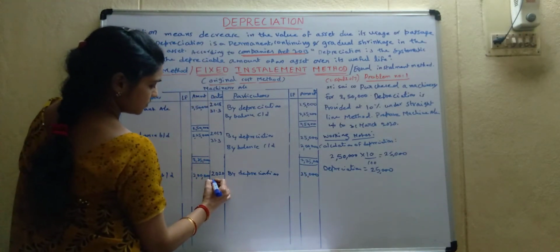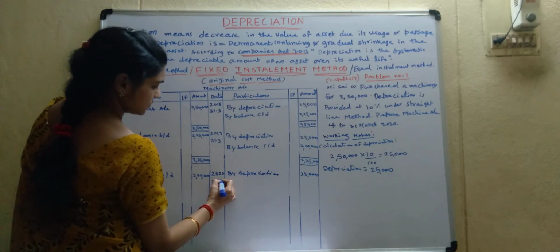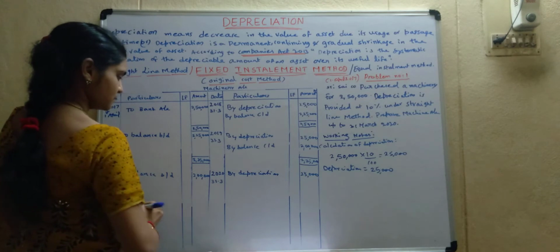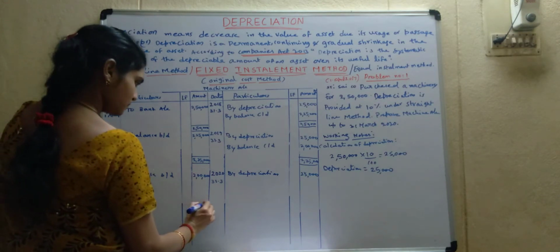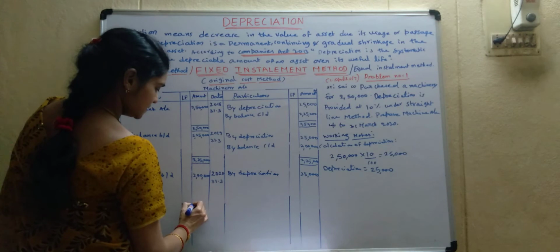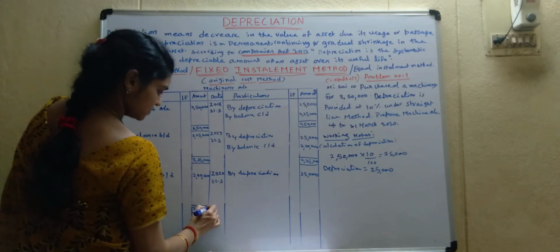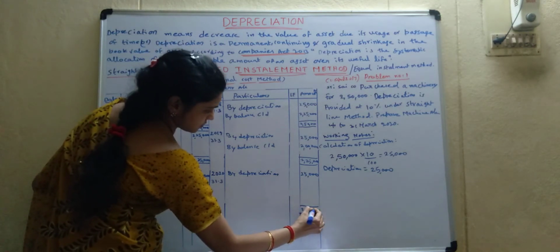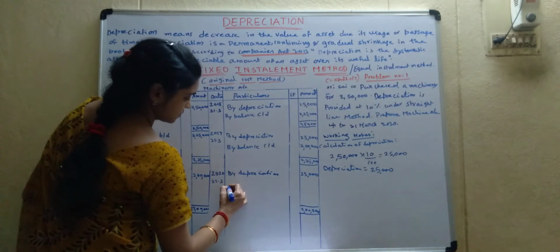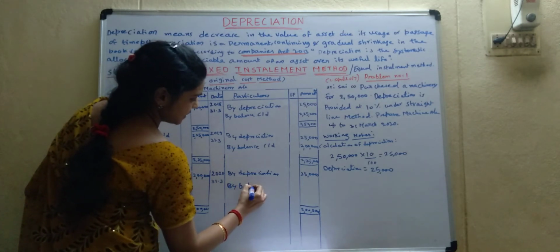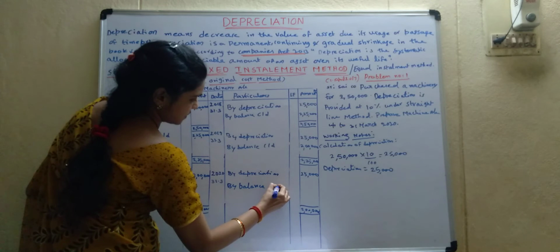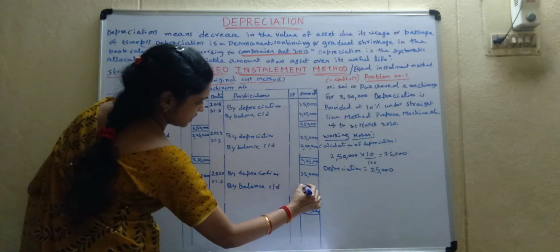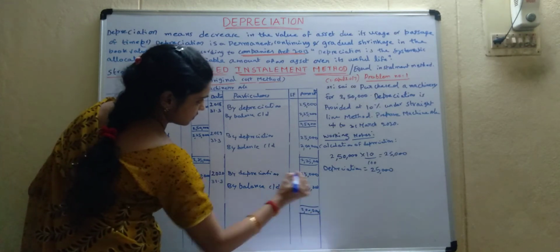On 31st March, the balance is 2 lakhs minus 25,000, by balance carried down, 1,75,000.